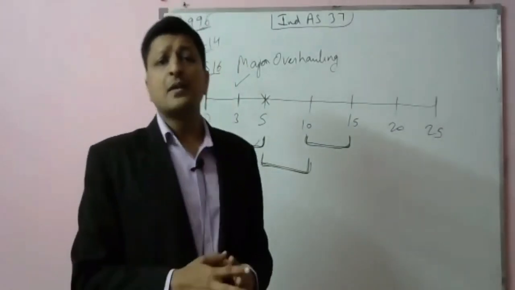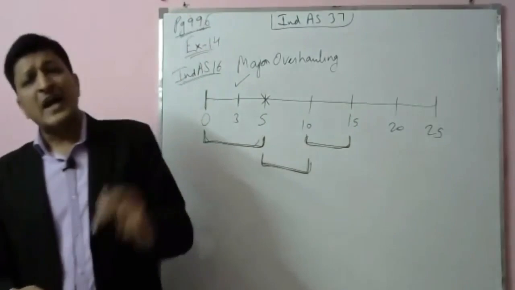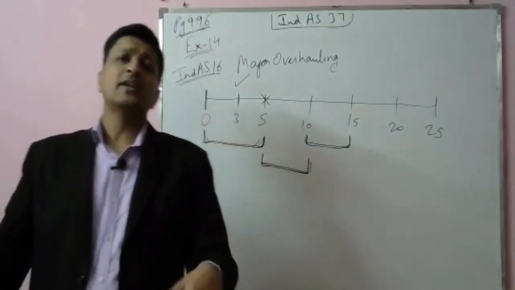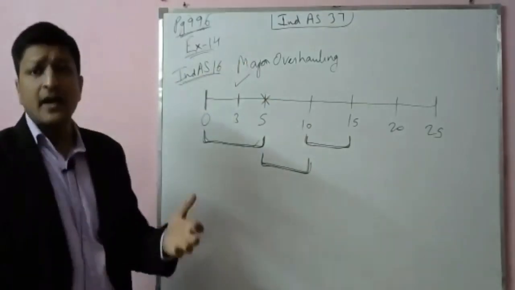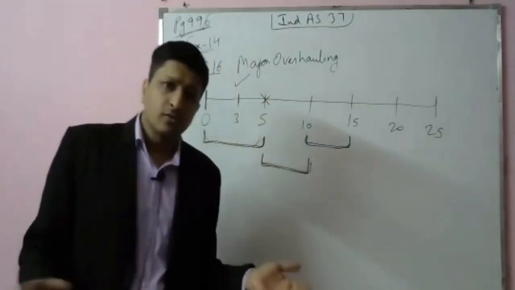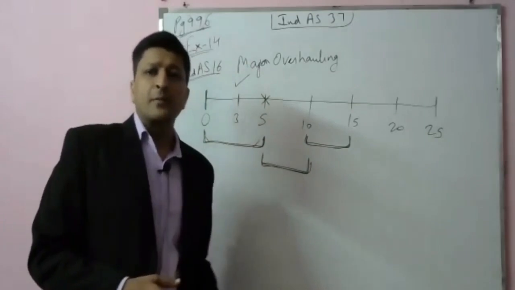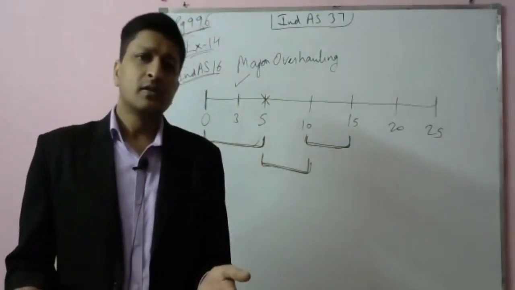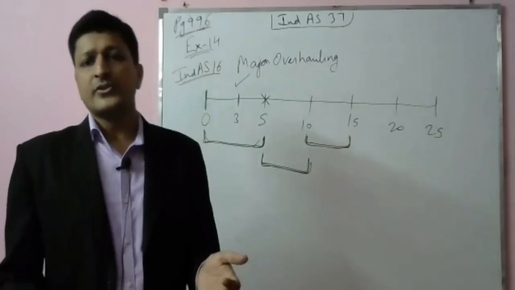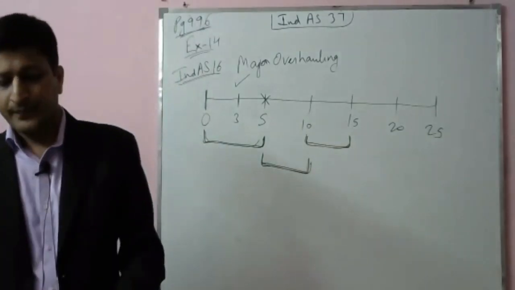But this example number 15 requires overhauling, and this overhauling is mandatory as per the law. But will that change our understanding? No. Will that change the requirement of accounting? No. Both the things go in a similar fashion.